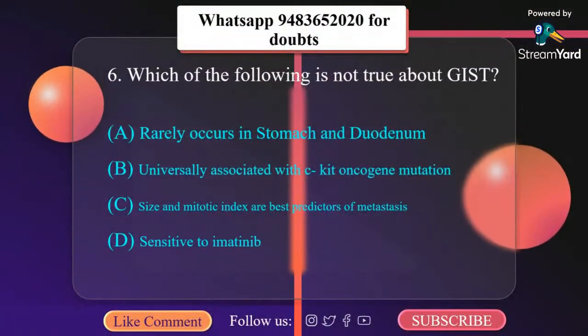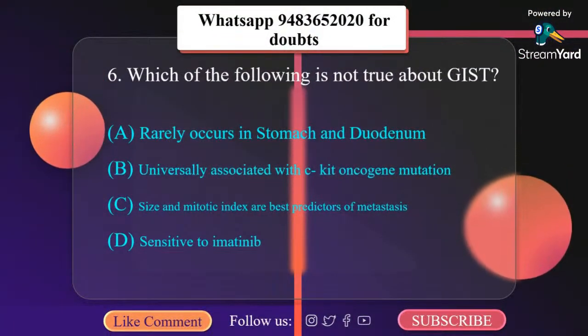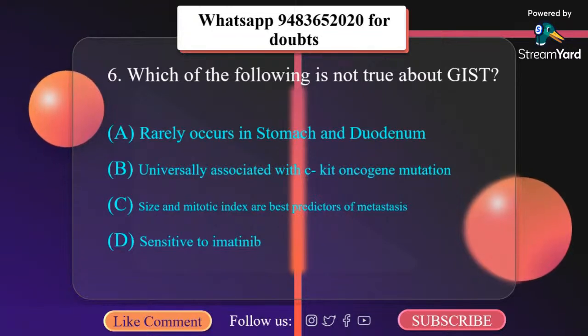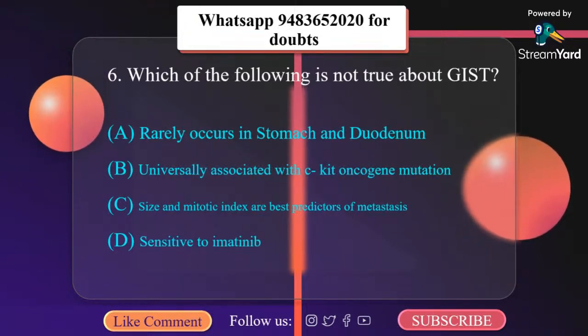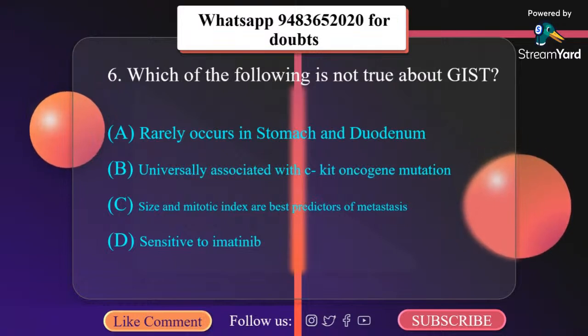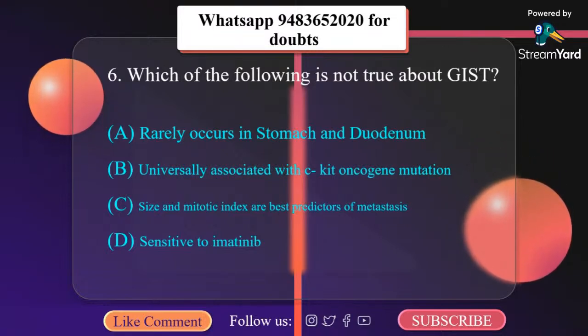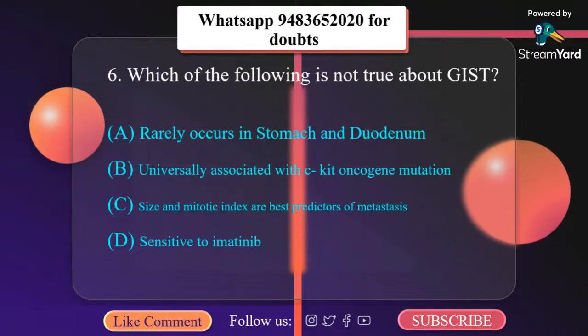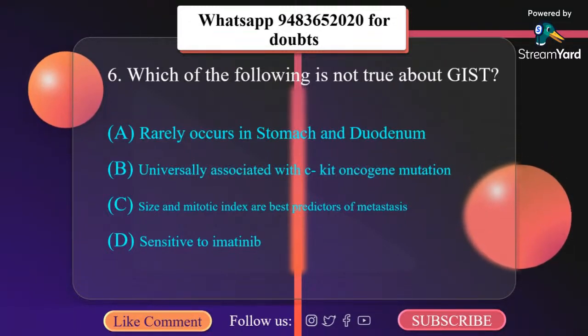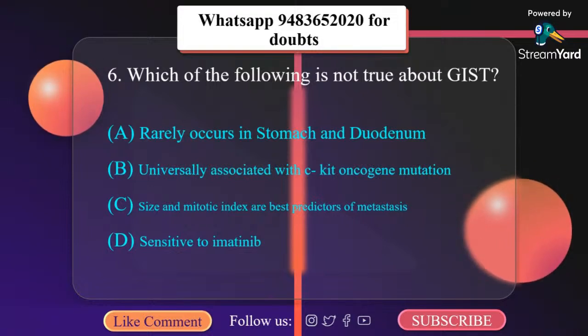Which of the following is not true about GIST? A. Rarely occurs in stomach and duodenum. B. Universally associated with C-KIT oncogene mutation. C. Size and mitotic index are best predictors of metastasis. D. Sensitive to imatinib. Now, this GIST, gastrointestinal stromal tumor, is most common in the stomach, 50%. These are of mesenchymal origin. It is equal in males and females.